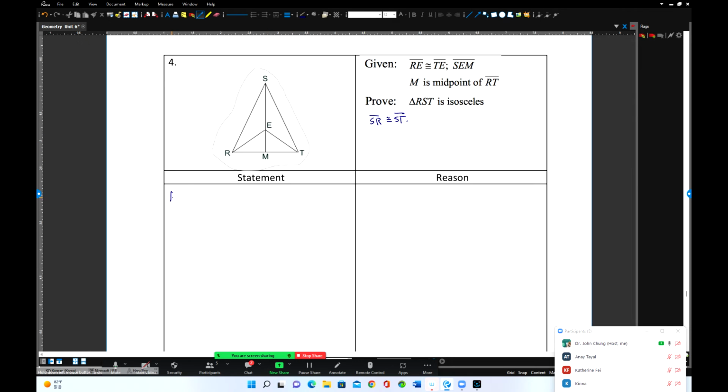Alright, now let's do this one. RE congruent TE. This is already given. SEM, straight line. And number 2, M is the midpoint of RT.